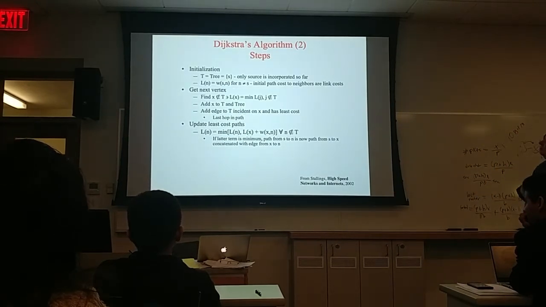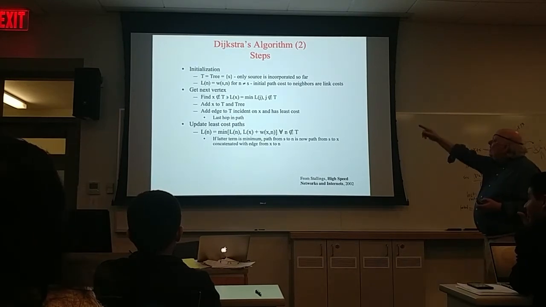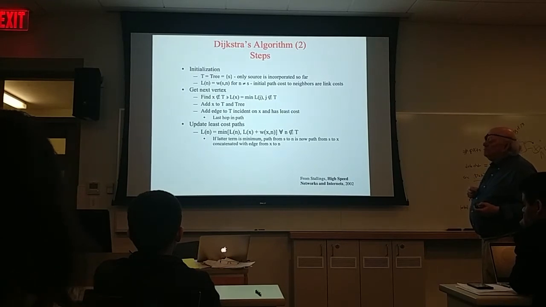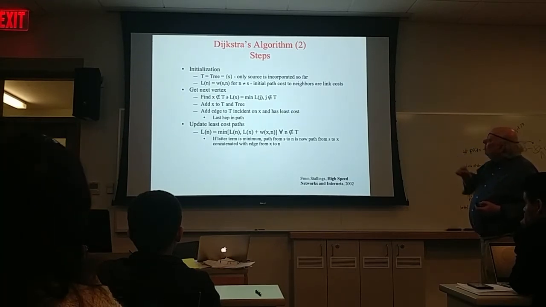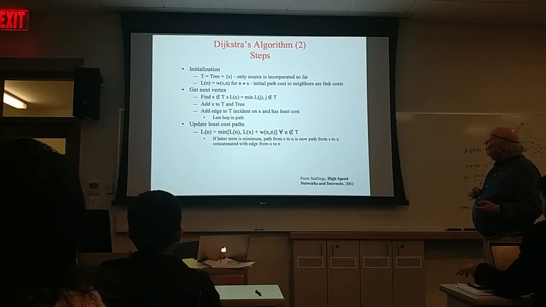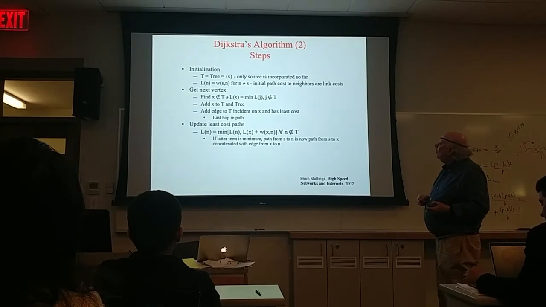So initialization. We set T equal to tree, and we only put the source node as a member of the set tree. L of n is equal to W of S comma n for n not equal to S. Initial cost path to neighbors are the link costs. So we want to get the next vertex.